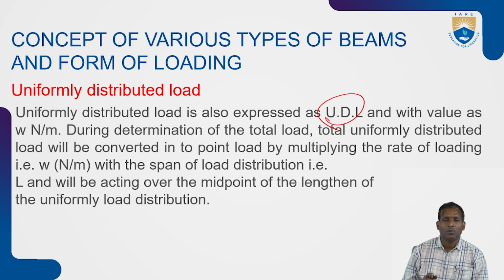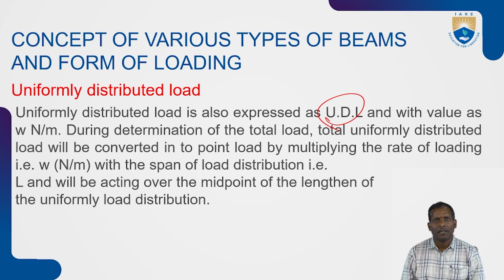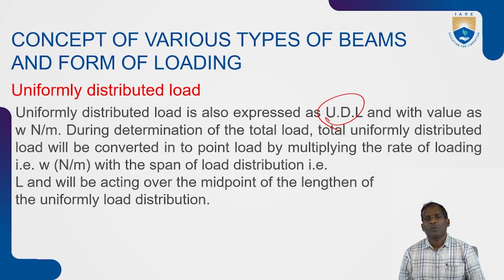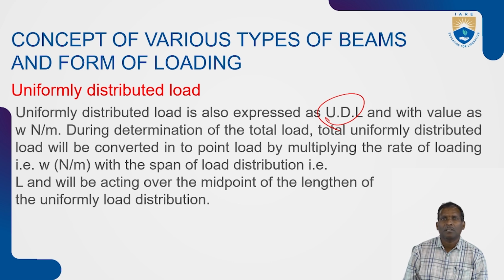So when this load is considered as a UDL, uniformly distributed load, but when solving problems and calculating loads, this uniformly distributed load is converted into a point load by multiplying the rate of loading.